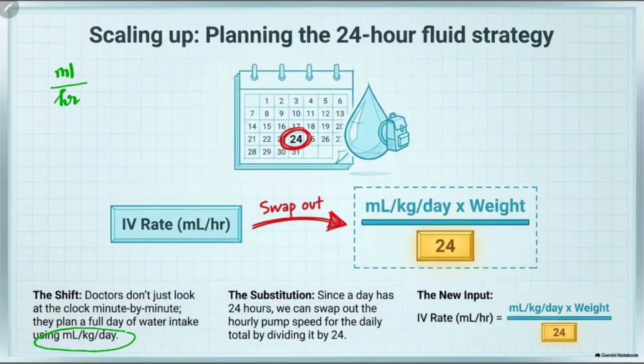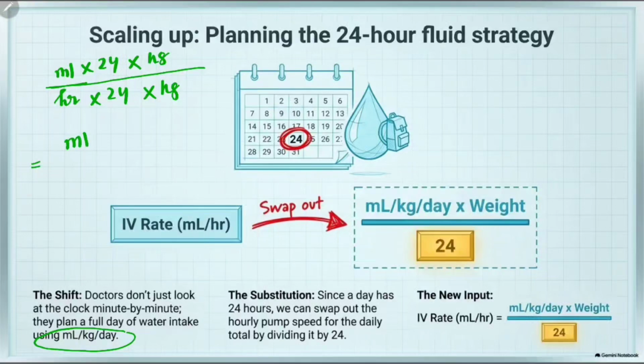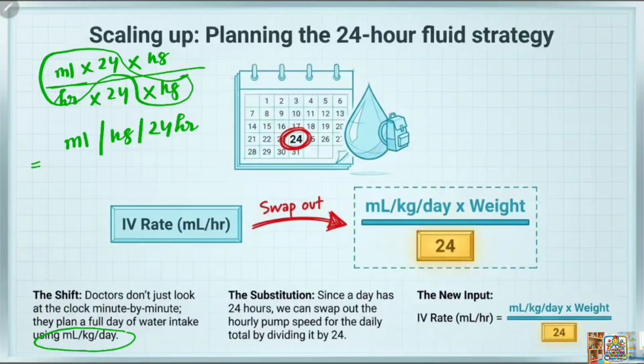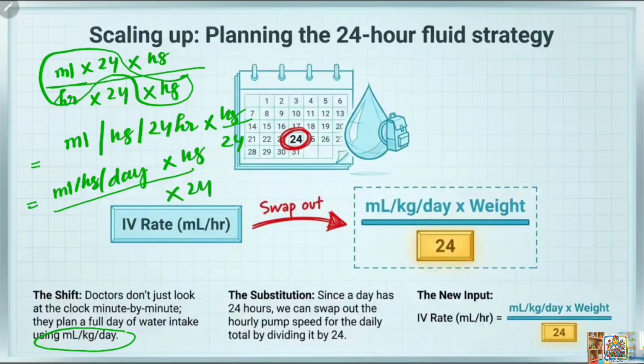So ml per hour, to convert it into per day, we have to multiply by 24 and per kg body weight. So ml per kg per 24 hours, this means ml per kg per day, into body weight, divided by 24.